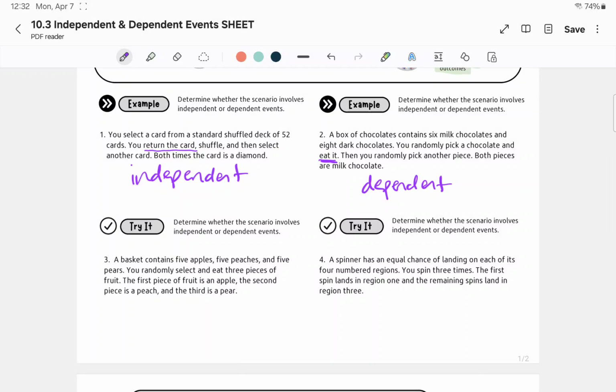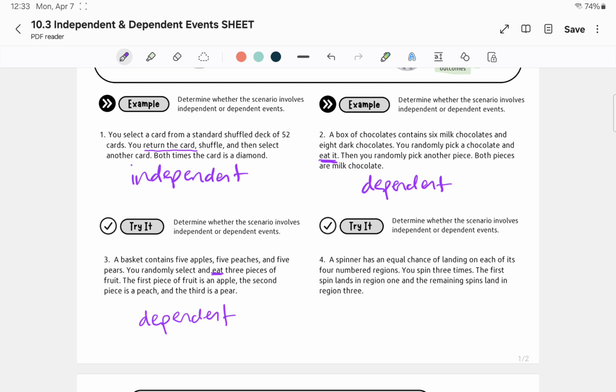All right, so for number 3, a basket contains 5 apples, 5 peaches, and 5 pears. Randomly select and eat 3 pieces of fruit, and so on and so forth. So you're eating the pieces of fruit. If you're eating something, that means you're taking it and you're not putting it back. That means it's going to be dependent, because now you're going to have fewer pieces of fruit the next time, the next event.